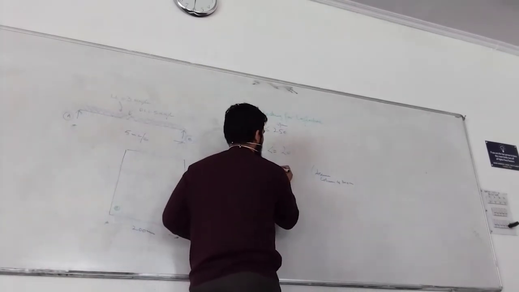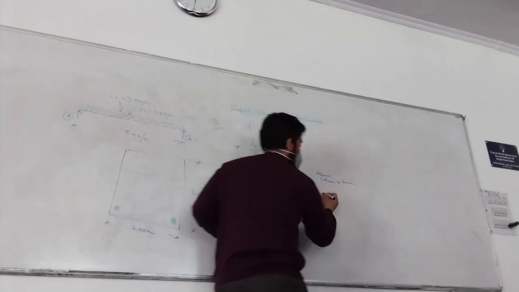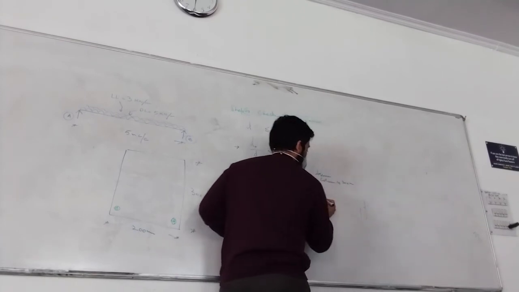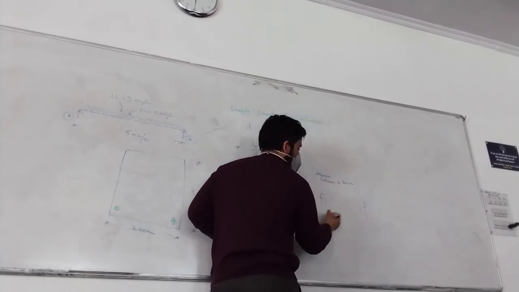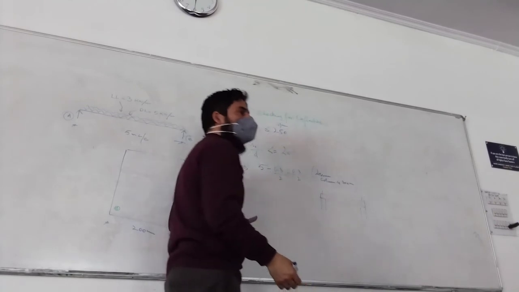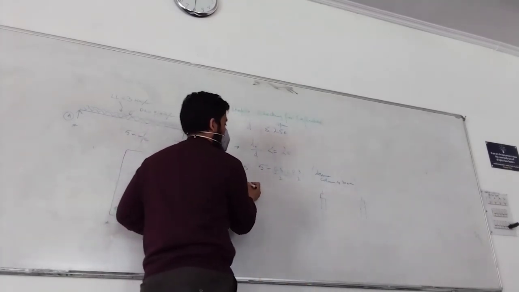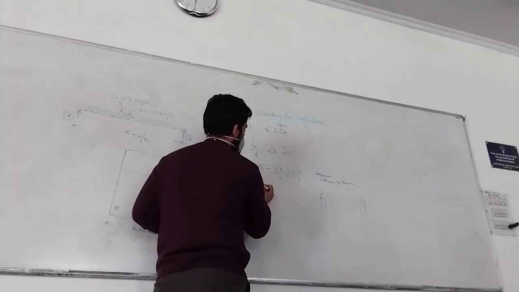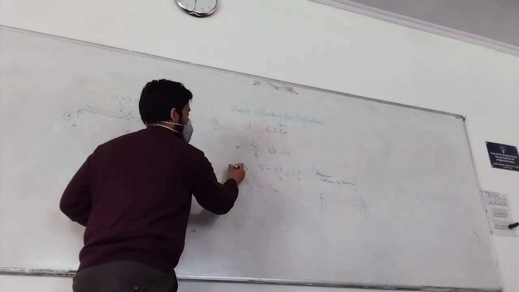Then this will be 0.3 by 2 minus 0.3 by 2. दोनों साइड से beam is resting on the column, half here, half here. So कितना बन रहा है? 4.7 meters is Lc.